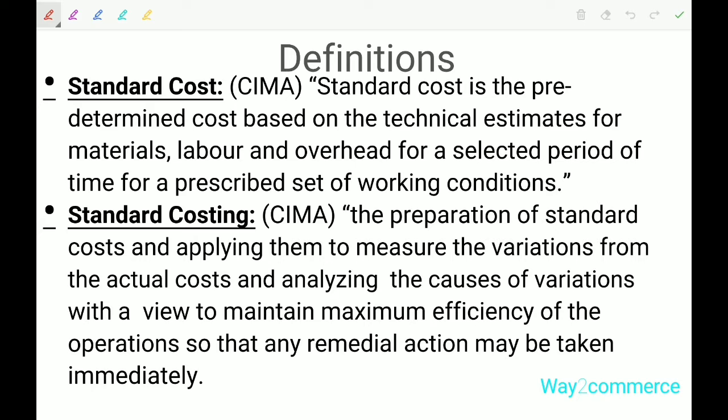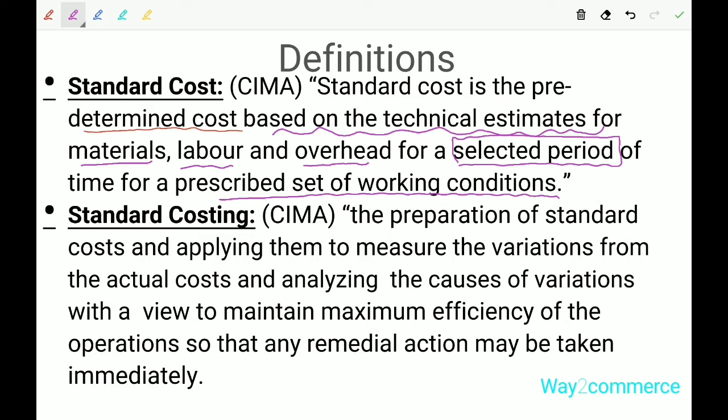As per the CMA definition, standard cost is the predetermined cost based on the technical estimates for materials, labor and overhead for a selected period of time for a prescribed set of working conditions.